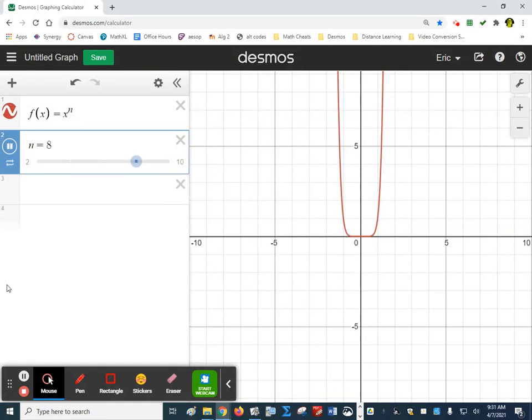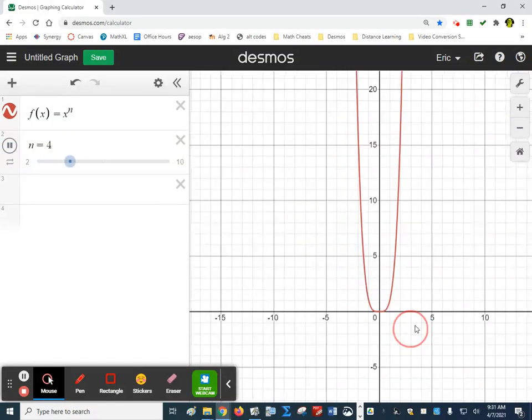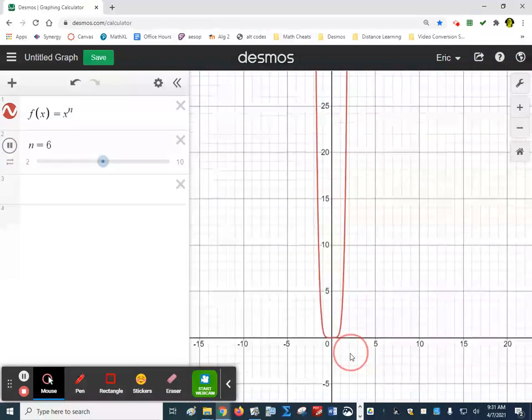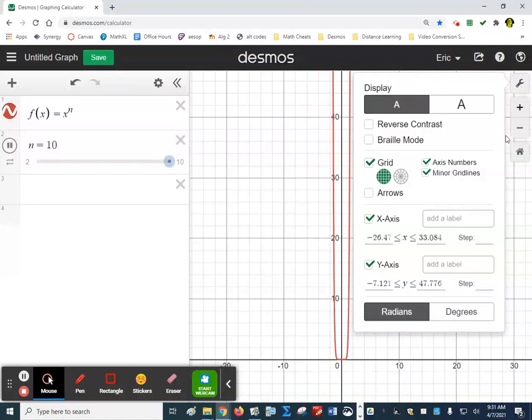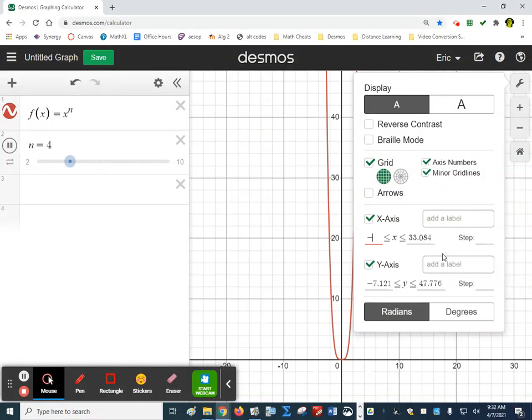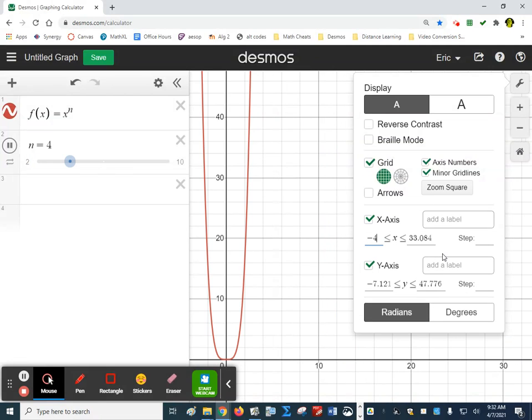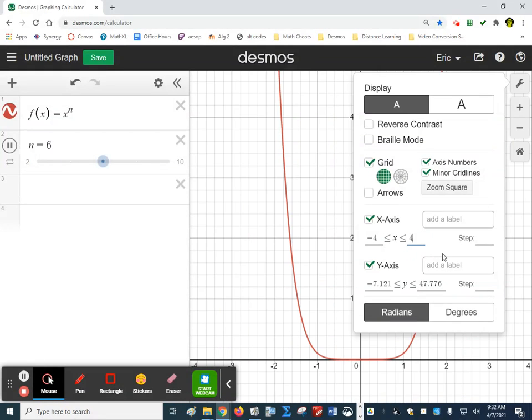It just flattens out more, doesn't it? The sides get steeper, the walls get steeper, and it gets more squared off. If I zoom out a little bit, I'm going to set up this window just a little bit better. So we'll go from x-axis, something like -4 to +4.